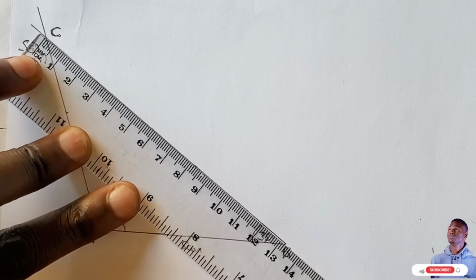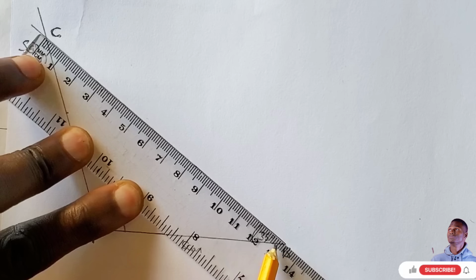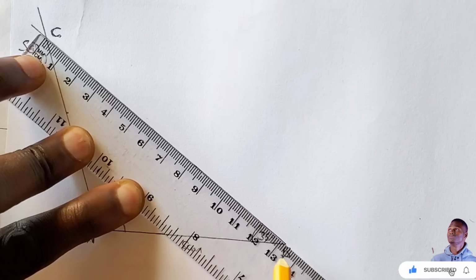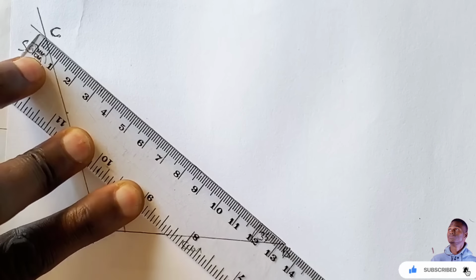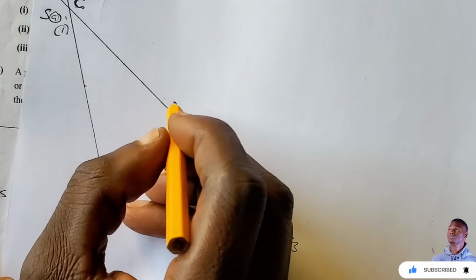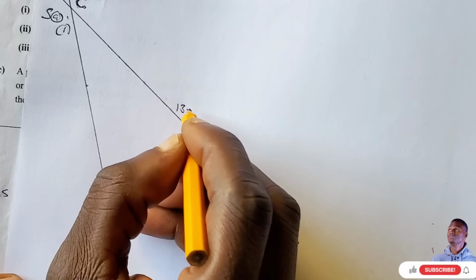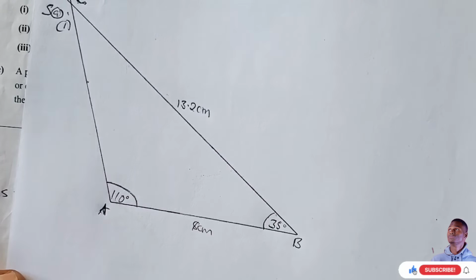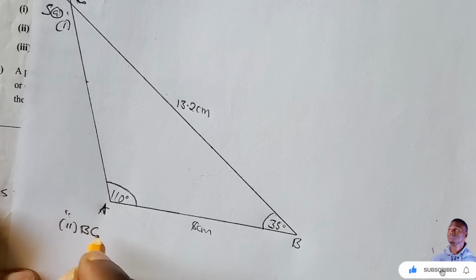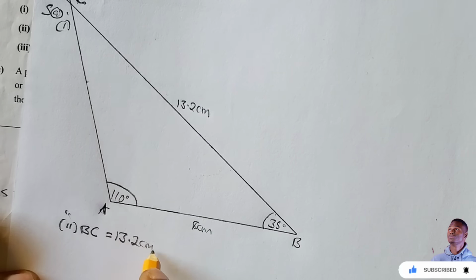My ruler is giving me 13.2. So I'm going to say this is 13.2 centimeters. Let's write this down. Question 2: BC is equal to 13.2 centimeters.